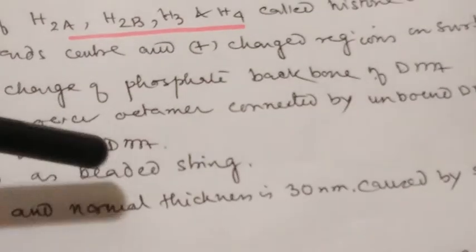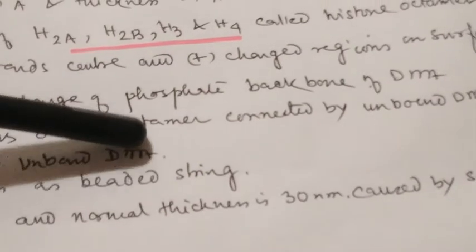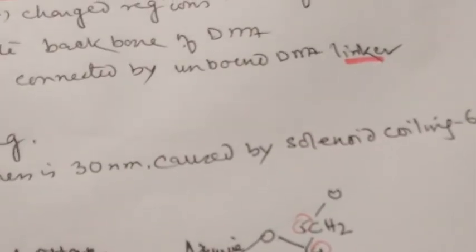This unfolded part, which is attached to the linker, has a diameter of roughly 10 angstrom, but the folded part has a diameter of roughly 30 angstrom. Clear?